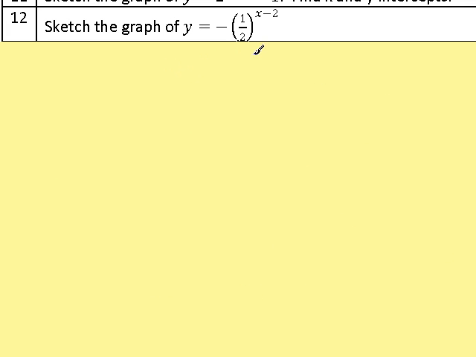In number 12, we're sketching the graph of y equal minus 1/2 to the x minus 2. So first, let's remember what this graph looks like. All right, this is really the same thing as 2 to the minus x. And I mention that because when x is replaced with a minus x, it's a reflection through the y-axis.